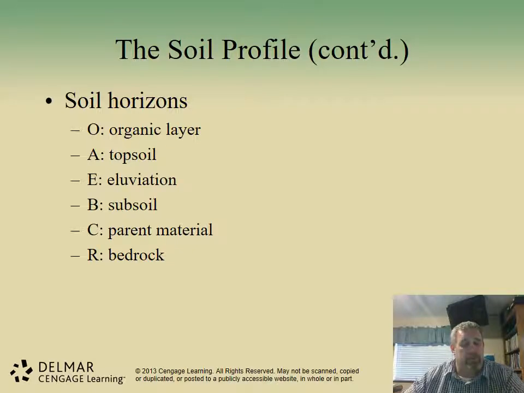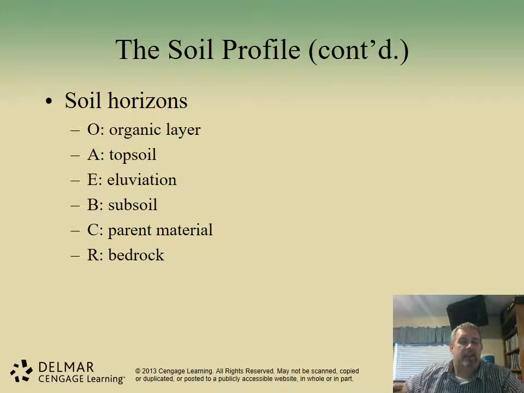These B layers or subsoil layers are great because eventually they're going to develop into topsoil. They're going to be great anchoring points for your taller trees because these are going to be deeper, and they're going to hold those taller plants, but they're not going to really create a whole lot of need for your grasses or your other smaller plants.